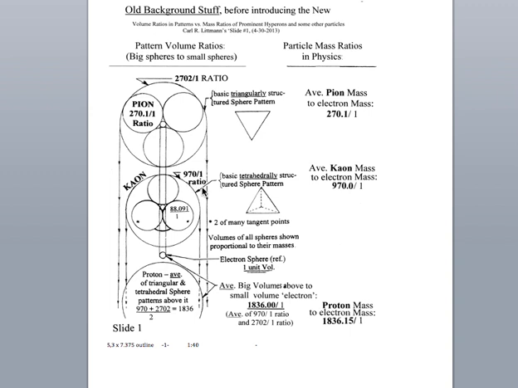And perhaps to our surprise again, that abstract volume ratio almost exactly matches the mass ratio of 2 very important prominent particles in the world, the average kaon particle mass to the small electron mass, a ratio of 970.0 to 1 also.